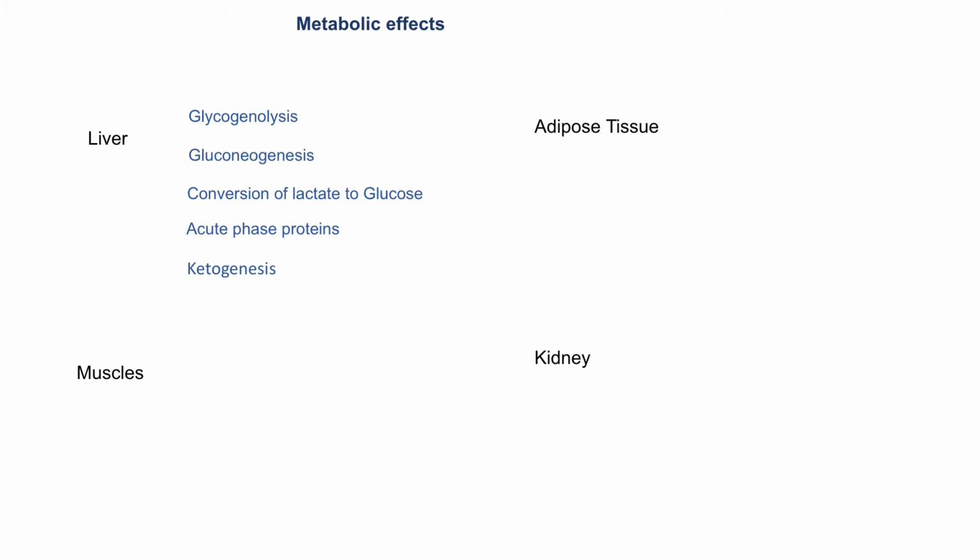Lactate is also produced in higher amounts during response to stress, and this lactate is converted to glucose in liver. Acute phase proteins and ketone bodies are also synthesized in liver. However, ketogenesis is not as marked during metabolic response to stress as it is during starvation.